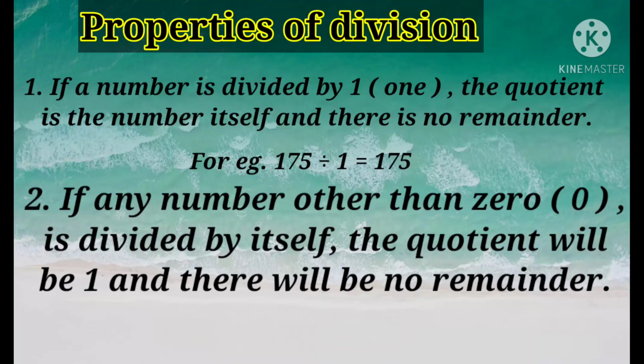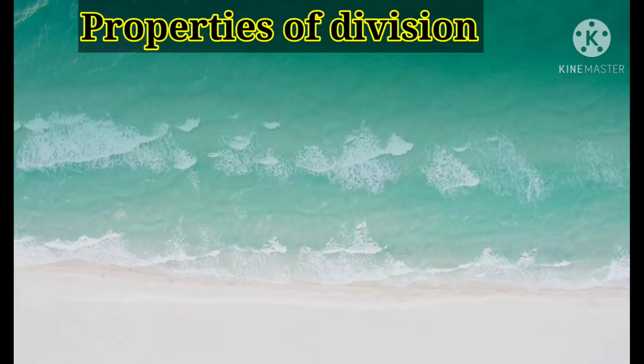Second property, if any number other than 0 is divided by itself, the quotient will be 1 and there will be no remainder. For example, 150 divided by 150 is equal to 1.